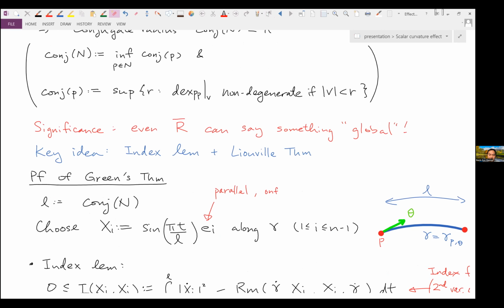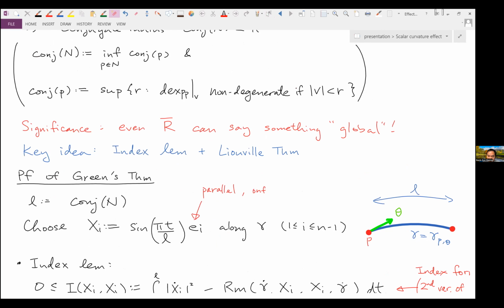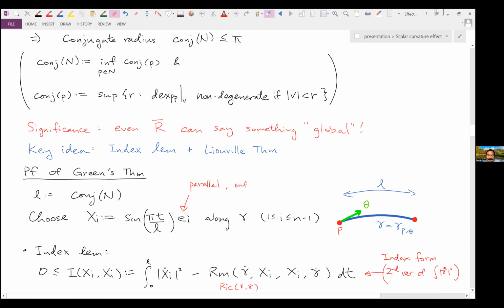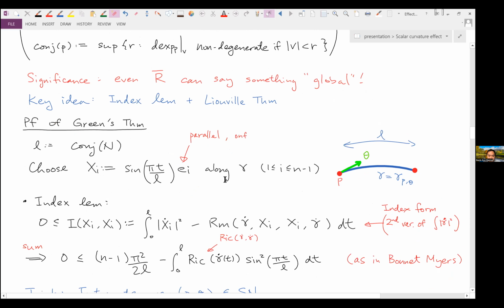So the proof is the following. Okay. So let's say we have a geodesic of length L, which is the conjugate radius. So now what we want to do is to bound the conjugate radius, to bound the length L here, right?